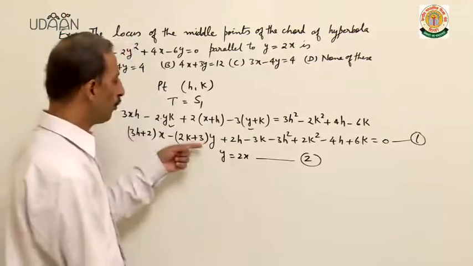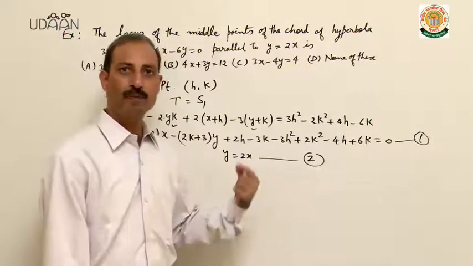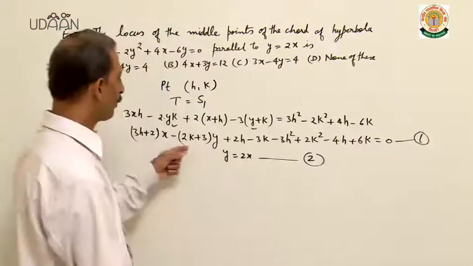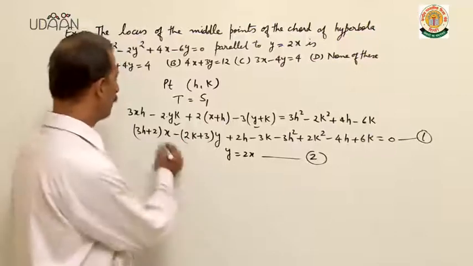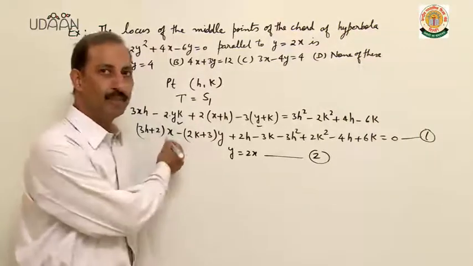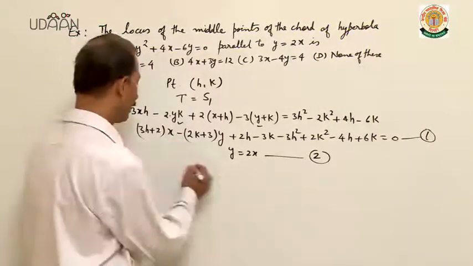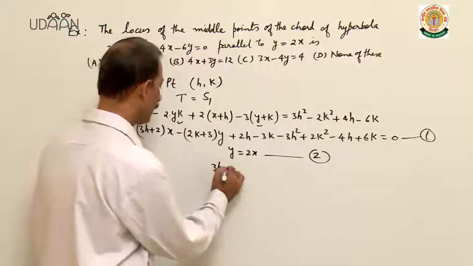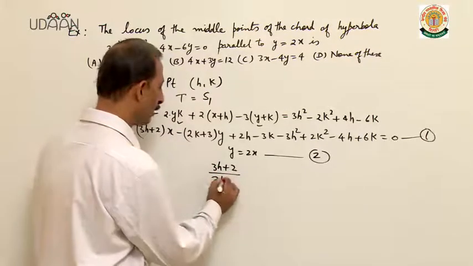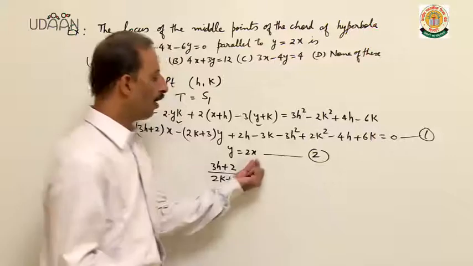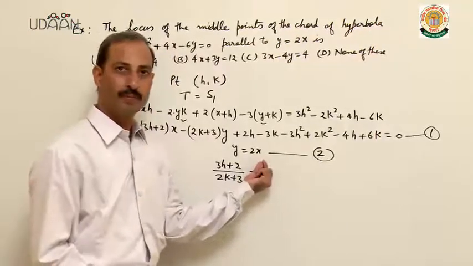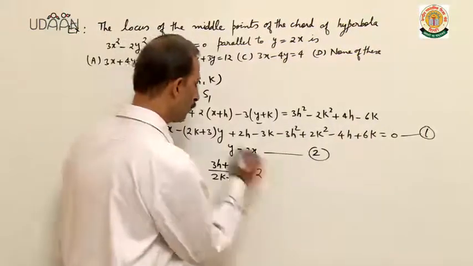So what is the slope of the first one and what is the slope of second? From equation first, you can find the slope. Its slope will be minus times x coefficient upon y coefficient. So I am writing here 3h plus 2 upon 2k plus 3. And slope of this is given here, 2.